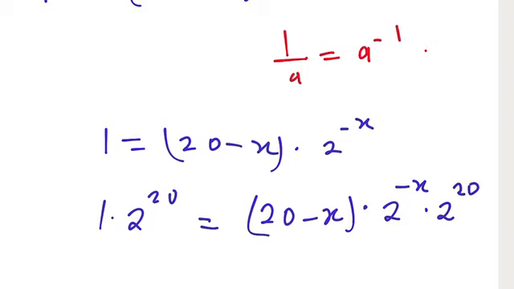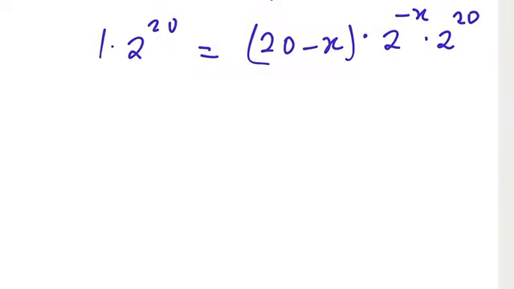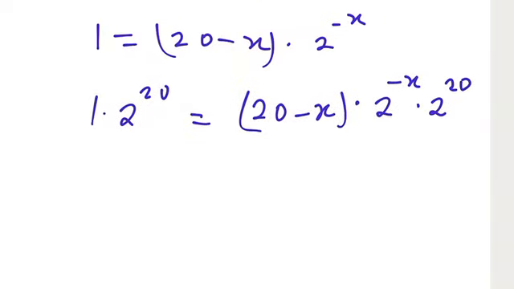Alright, so the reason why I multiply both sides by 2 raised to the power of 20 is because I want something like this, in the bracket, to be something we have at the power.